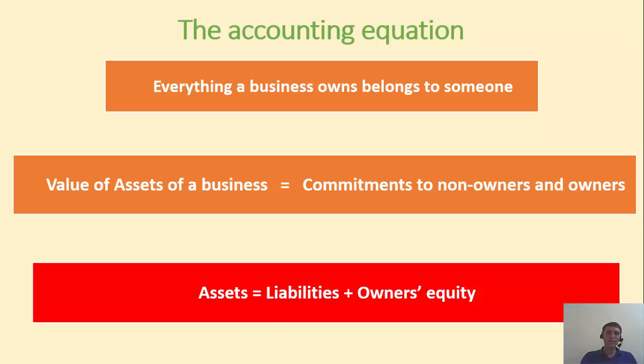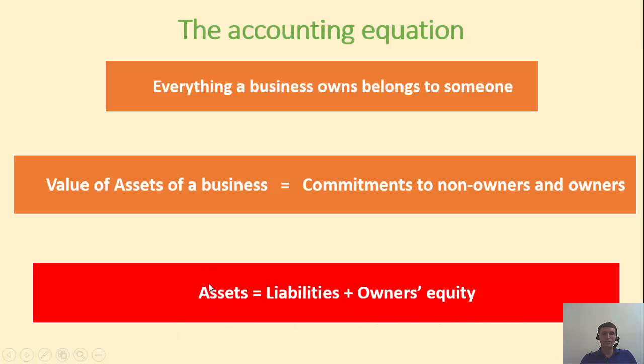In an extreme case, if a business liquidates and you convert everything into cash, then that money has to be split up between people, right? There wouldn't be any money left without anybody claiming that this is his or hers. And based on that, accountants say assets must equal liabilities plus owner's equity.